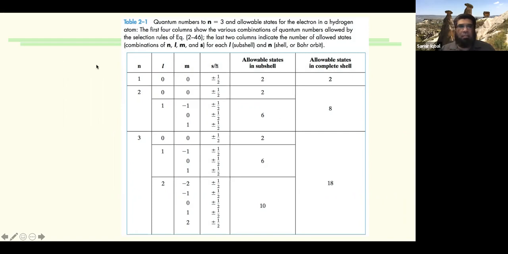For example, if you just stick to hydrogen, which is n equal to 1, things are easy, right? We have one n, and there's no L, so you don't have too many, just one state. There are two allowable states because spin can be up and down. So one up, one down, they can coexist.